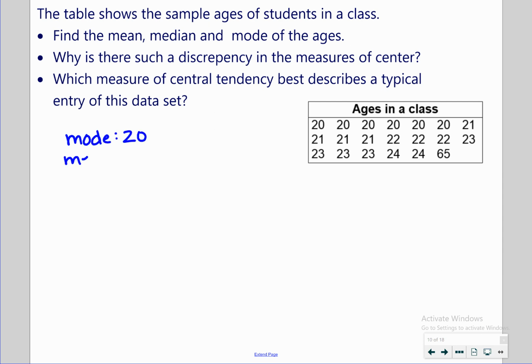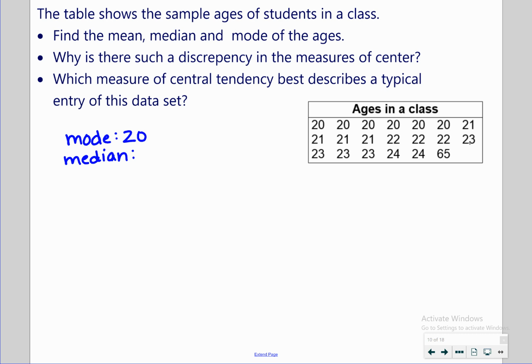The median is the guy in the middle. So how many do I have here? 1, 2, 3, 4, 5, 6. I have 20 numbers. Okay, so which numbers are going to be in the middle? It's an even number, so there's going to be 2 of them. Could you do it without crossing it out? Could you just count it?